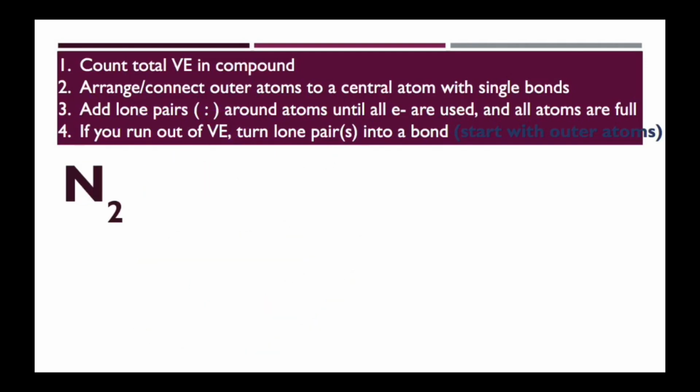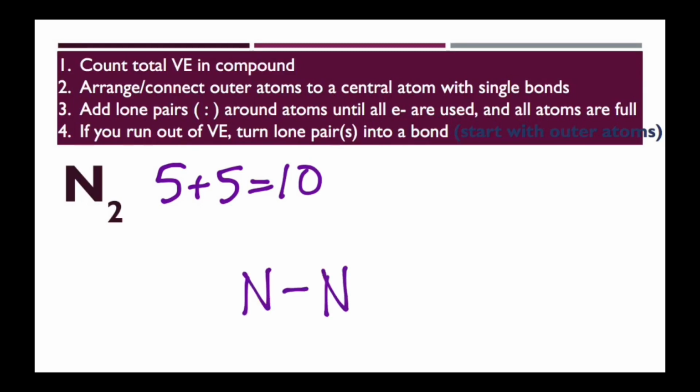In our next example with N2, they each have 5 valence electrons that they bring. So here we're going to feel extra short because if I single bond my N's to each other here, then that's 2, 4, 6, 8, 10.